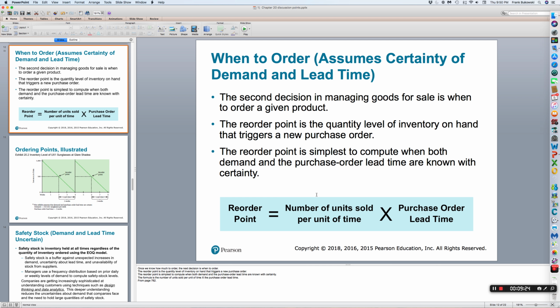That would give us the number of units sold per day. And then if our purchase order lead time, let's assume, was 10 days to get that inventory back in, then we would simply multiply the daily demand times our purchase order lead time. So whatever that daily demand is times 10, that would give us our reorder point.